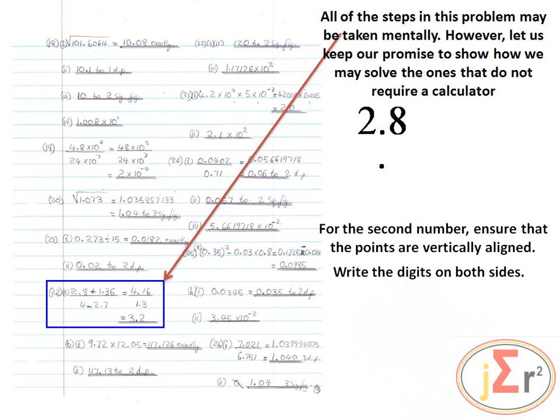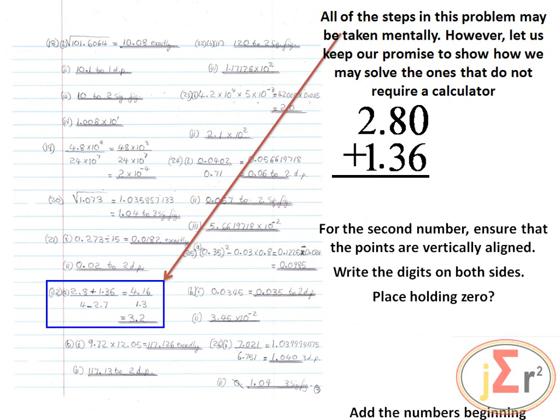And after aligning the points vertically, what do we do? Write the digits on both sides, or distribute the digits on both sides, like that. Placeholding 0. Any placeholding 0? 1 right there.